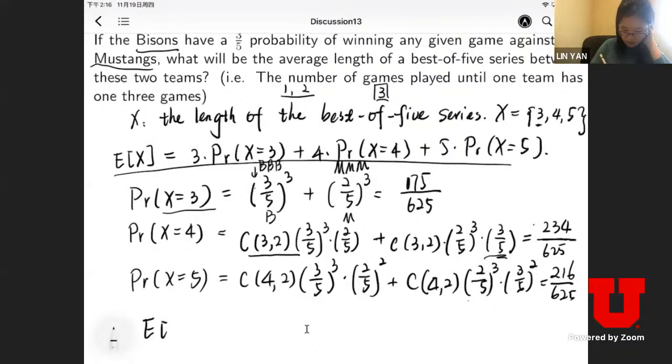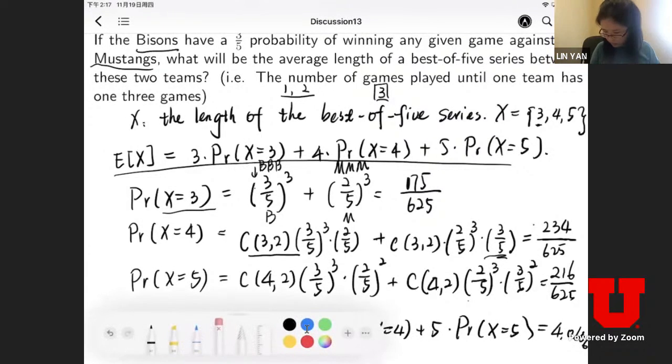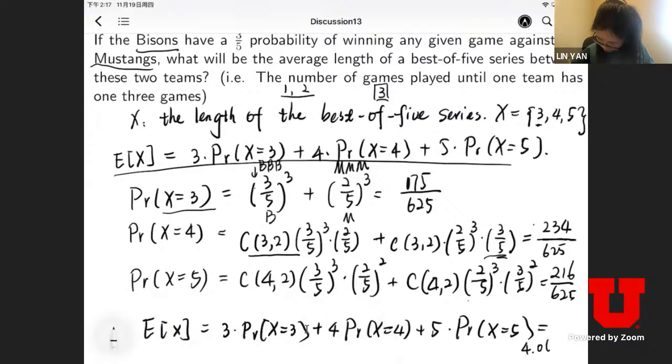And it is equal to 4.0656. So we are done with this problem. Any question about this problem?